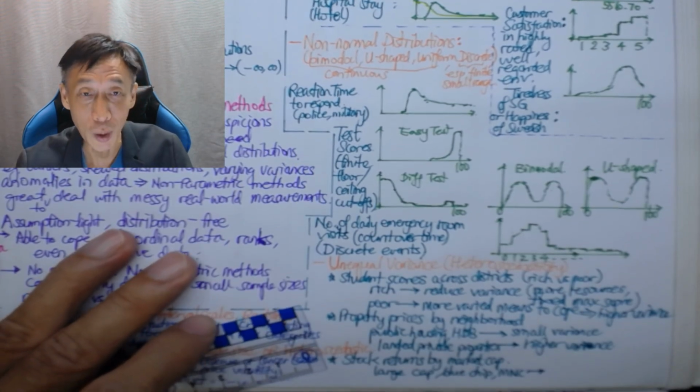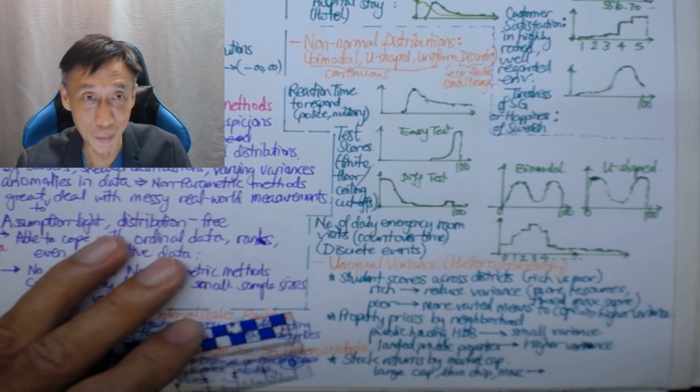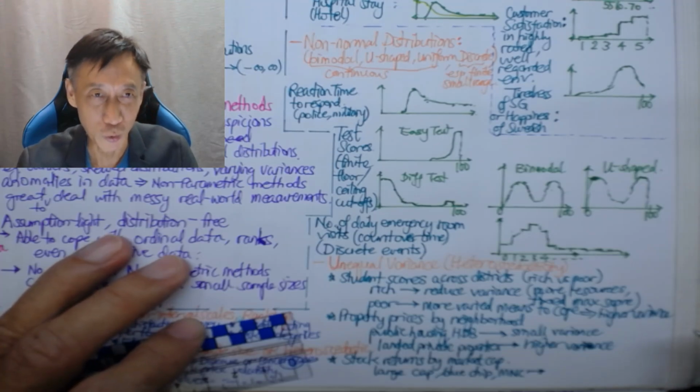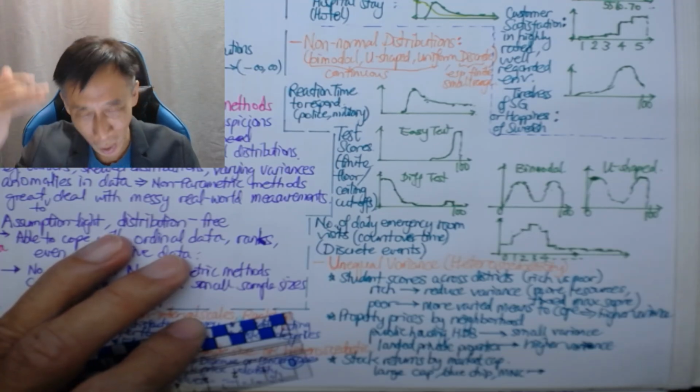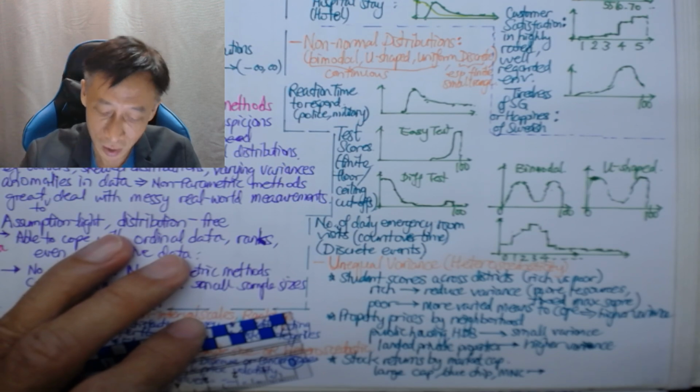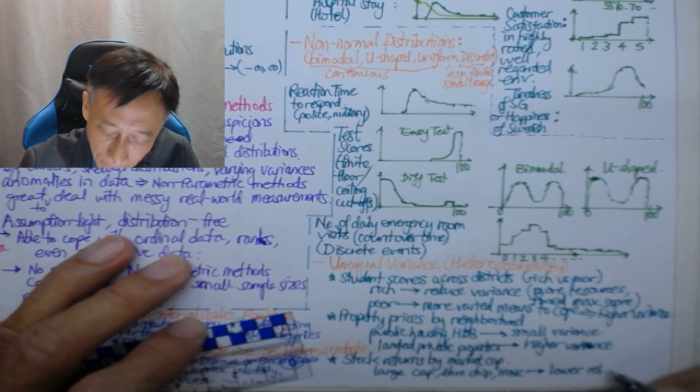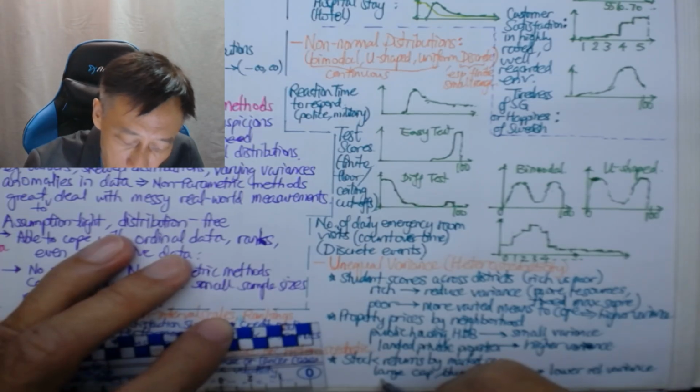Meaning what? You want to move the price, you better also have a big pocket, right? Like billions of dollars, just to make the price go up or down, to have high variance. Very difficult, right? So lower relative variance compared to the small cap stocks.